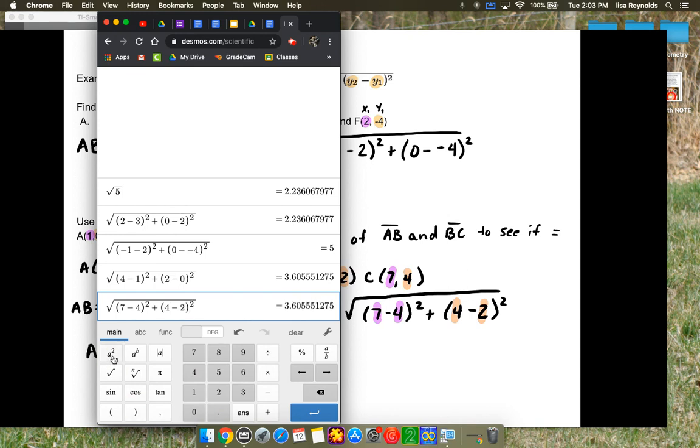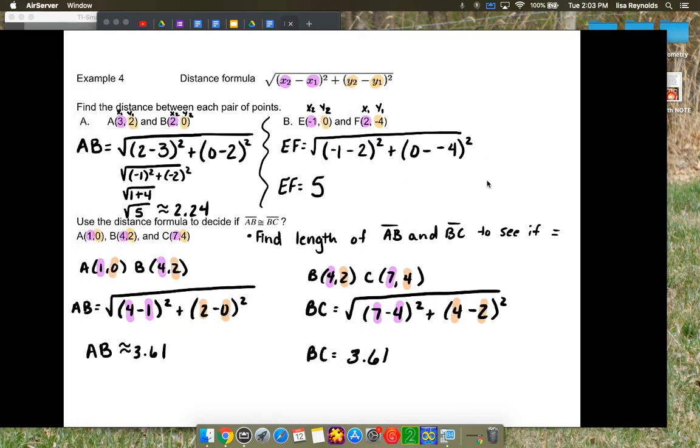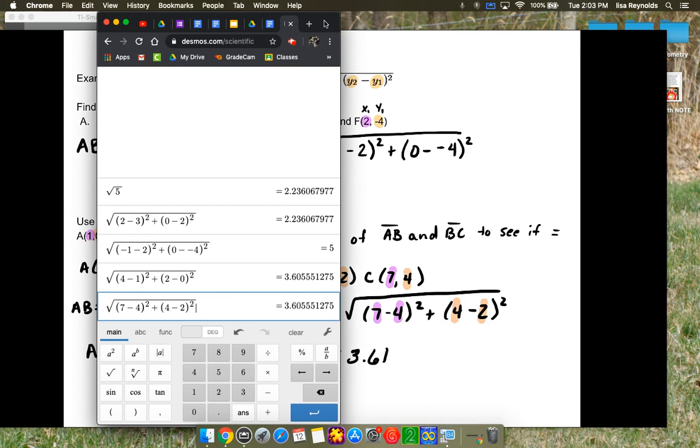This is approximately 3.61. So if we look, our two answers are equal to each other, so the answer to this question is yes. Once again, make sure you use your calculator carefully as you go through these problems.